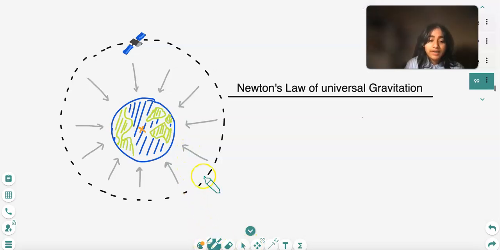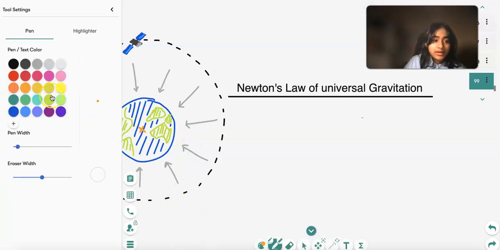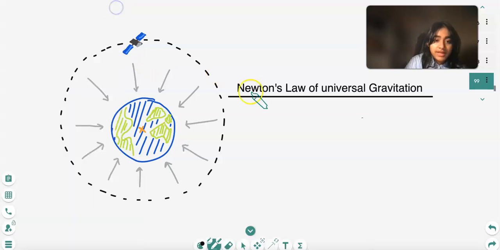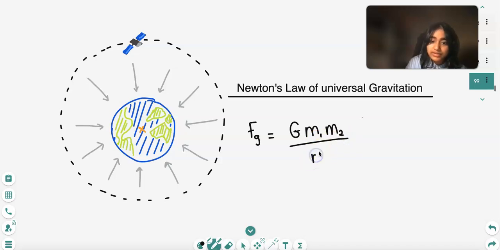Now, Newton also found a way to describe his theory mathematically using this equation. That is, the force due to gravity is equal to a constant, denoted as big G, multiplied by mass 1, multiplied by mass 2, divided by the radius, or distance, squared.